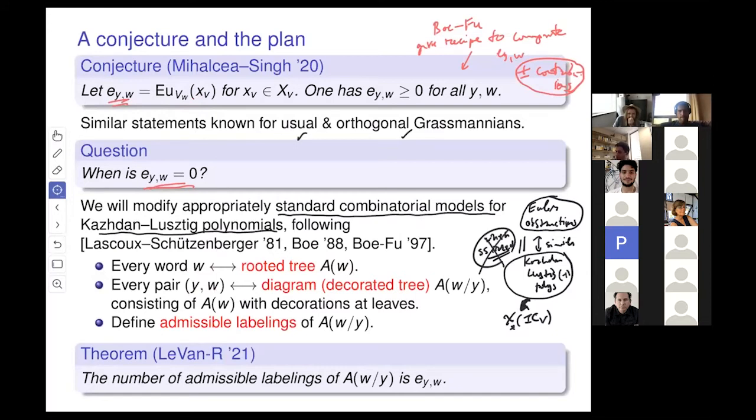And then you define labelings associated to this diagram, and the theorem will be that the number of labelings of this diagram is the local Euler obstruction. And again, you should think of this as an analog of the description of Kazhdan-Lusztig polynomials in terms of labelings of rooted trees. Okay, and I don't think there should be any surprise that we're seeing the same combinatorics for Euler obstructions.